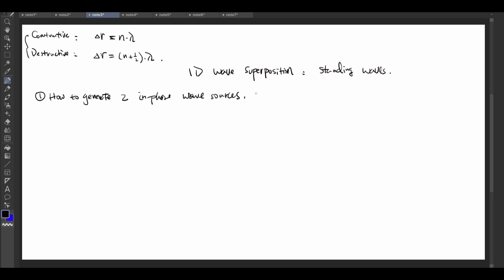That's the first question. Now, second question, what kind of conditions should we satisfy, just like when we talk about in general constructive, destructive interference? So what kind of conditions should we satisfy to get constructive and destructive wave patterns?